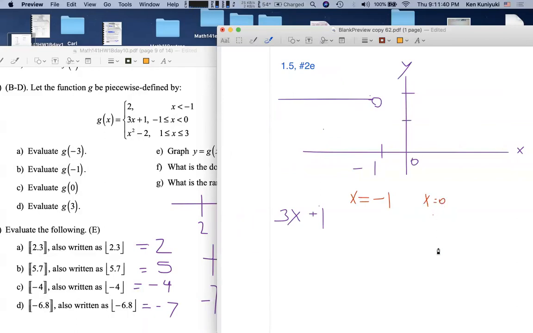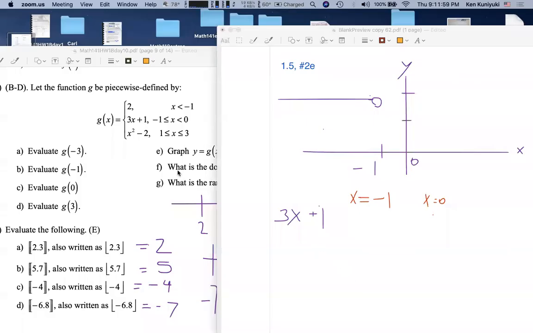Now, when you plug in, you're going to find the endpoints. 3 times -1 plus 1.